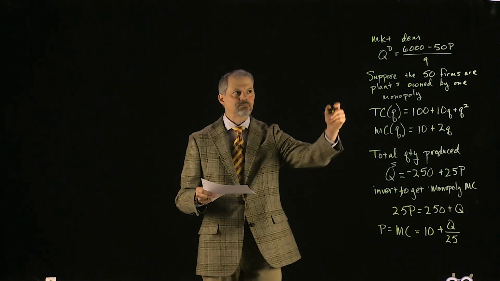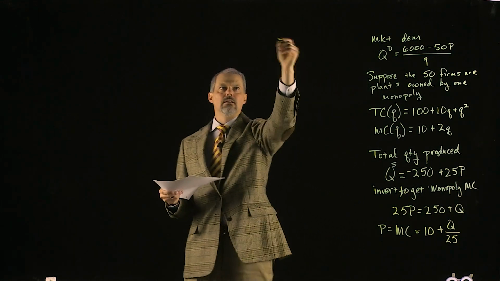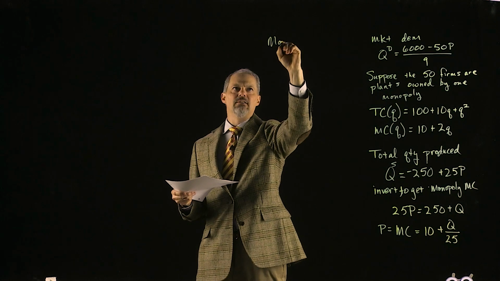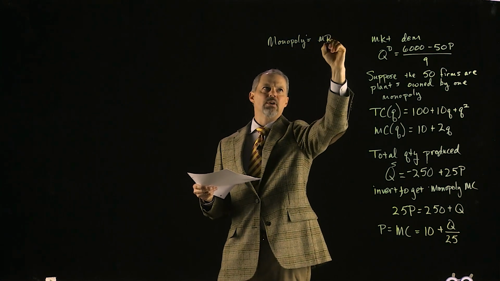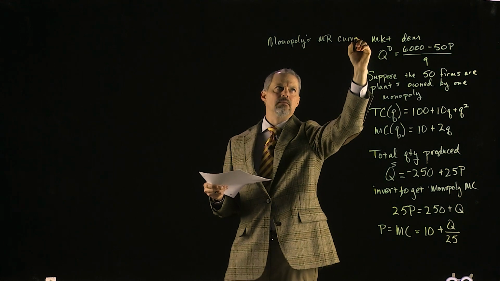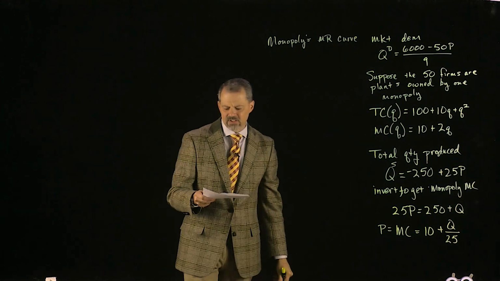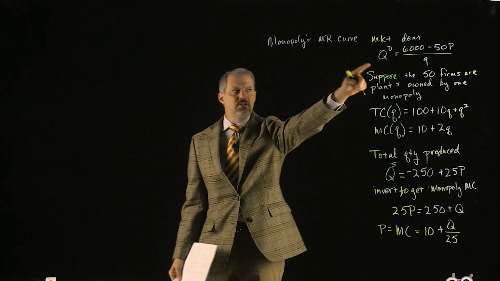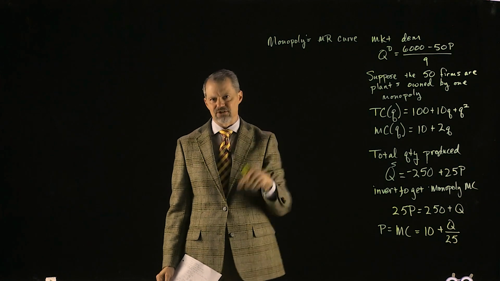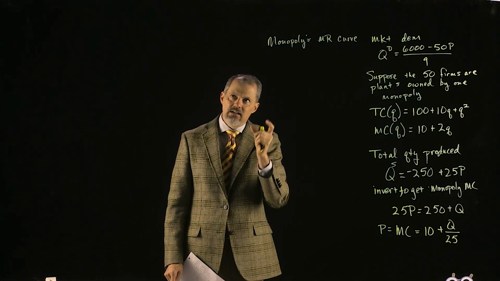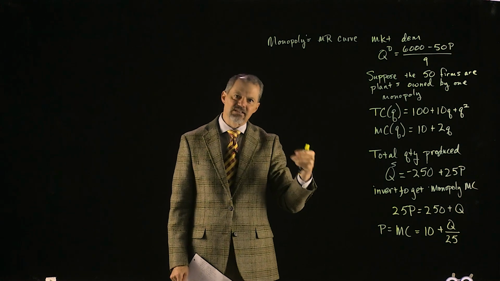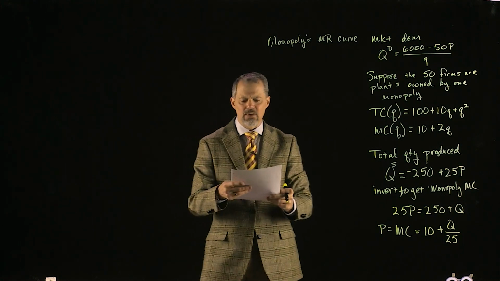Okay? We've got our market demand curve. We need the monopoly's marginal revenue curve. So what that means is we need to invert the demand curve to get the inverse demand curve. And then we just need the intercept and twice the slope, and that's going to give us the marginal revenue curve.